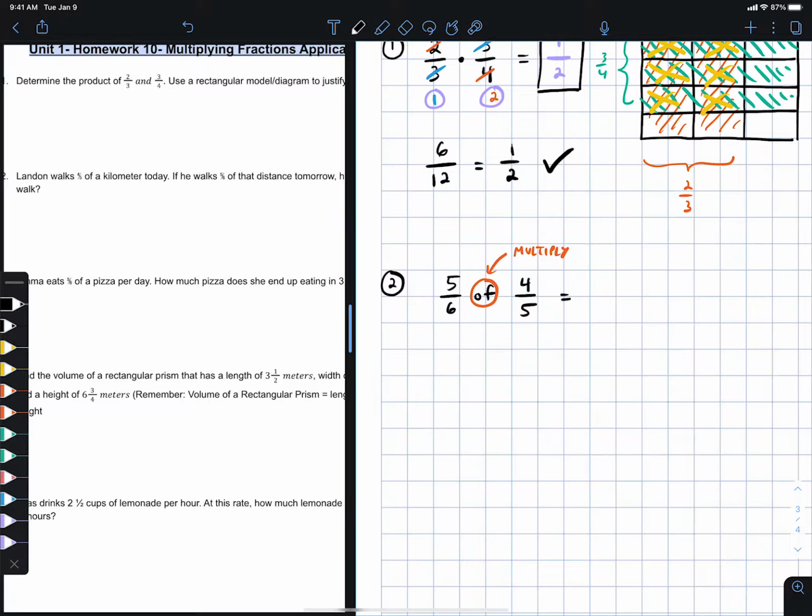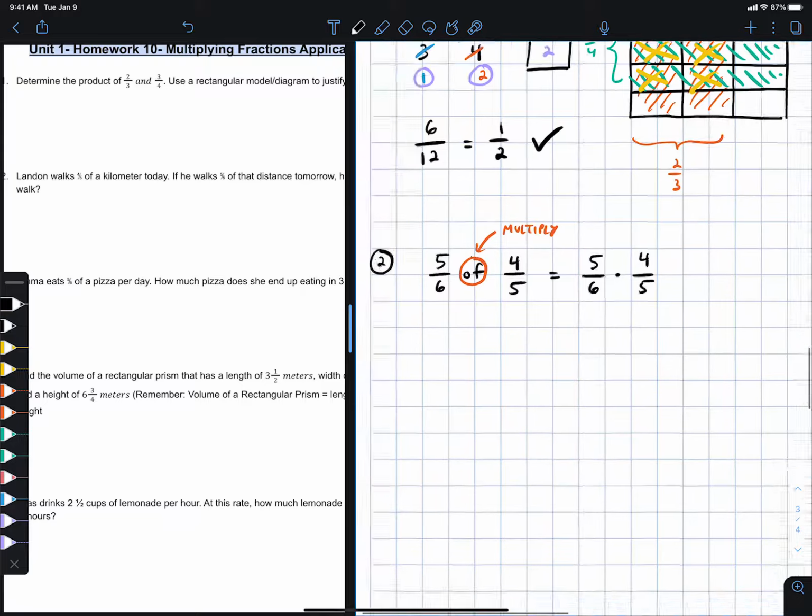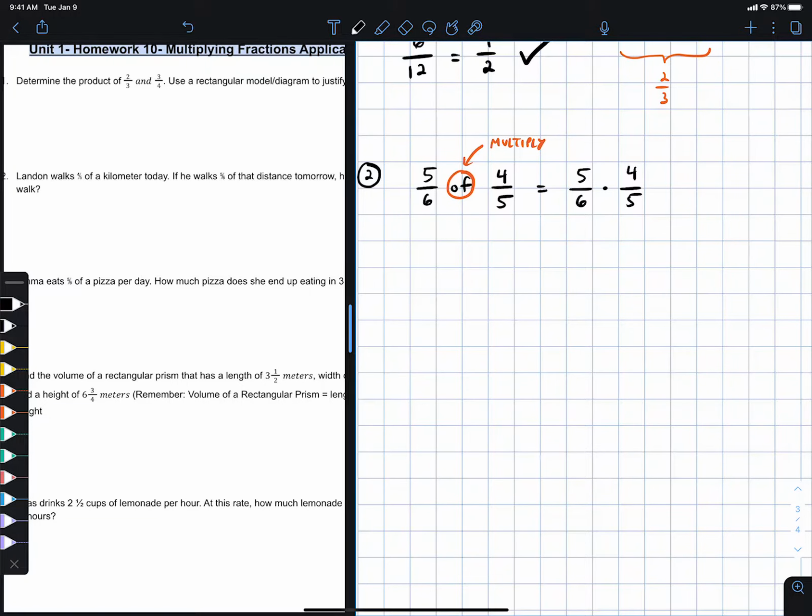So if it's going to be 5/6 of it, we're going to do 5/6 multiplied by 4/5. And you can totally look to see if you can cross cancel here, which I'm going to do. So if we take a look here, this 5 and 5 definitely cross cancel to make 1 and 1. And then this 6 and 4 can cross cancel by 2 to make 2 and 3.